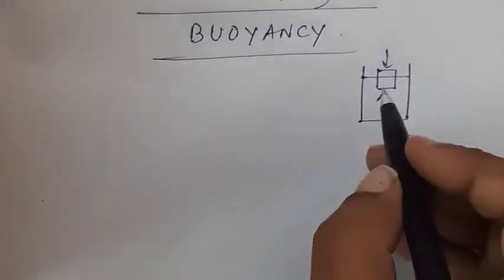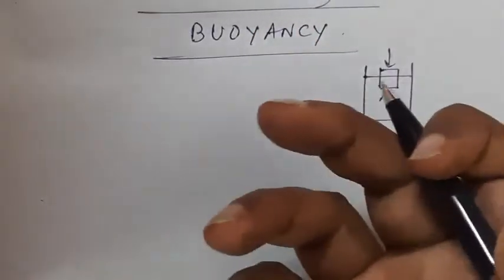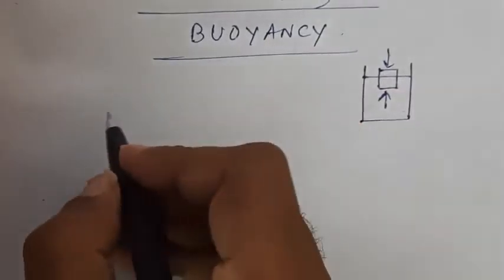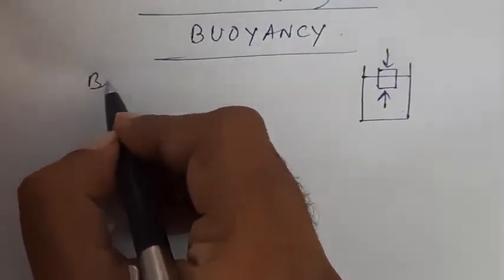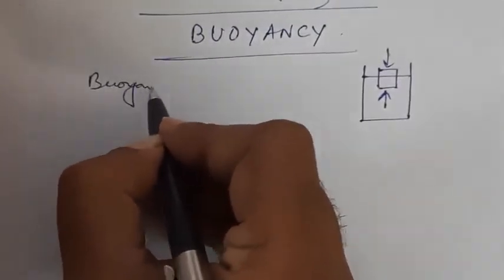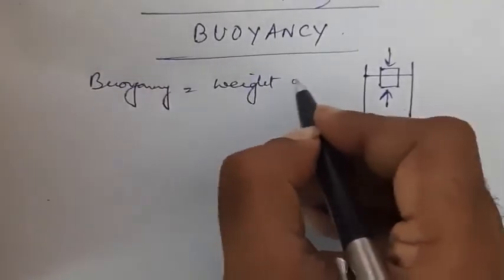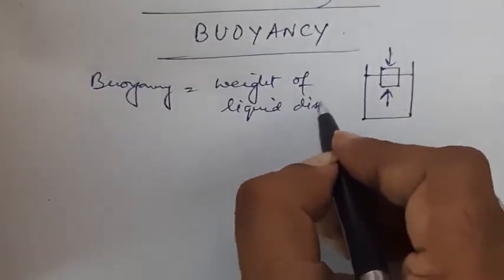Now, what is buoyancy? We have studied that it is the upward thrust exerted by a liquid or a gas at rest on a body. Now, how do we measure this buoyancy? It can be the weight of liquid displaced, as simple as that.